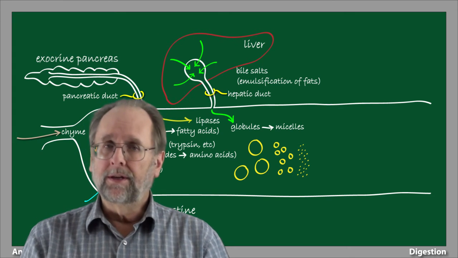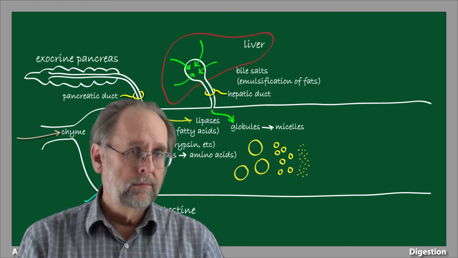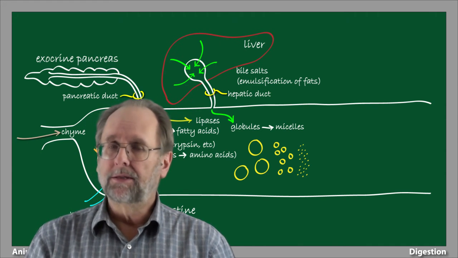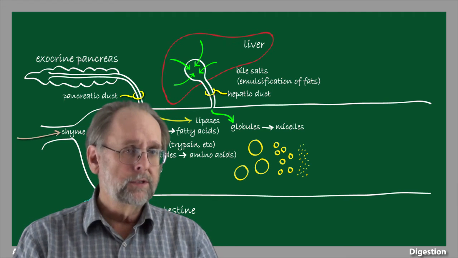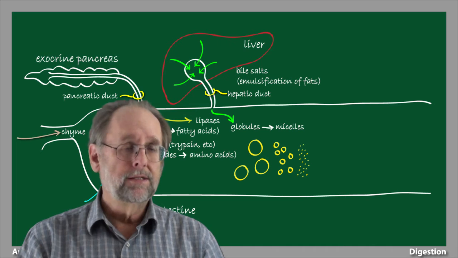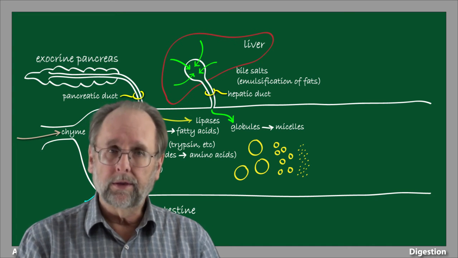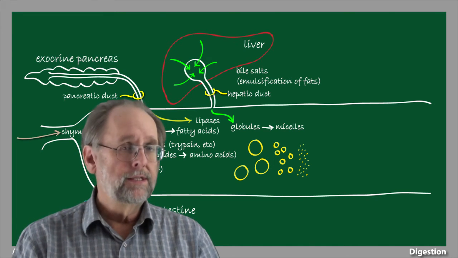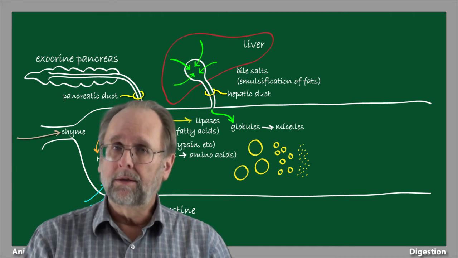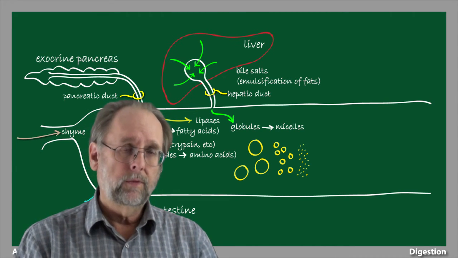These micelles are on the order of a few tens of micrometers in diameter, and here's where those pancreatic lipases can really get to work, because breaking up the fat globules into micelles gives these lipases a lot of surface area to work with. These lipases can also be activated by the presence of the bile salts in the micelle boundaries.